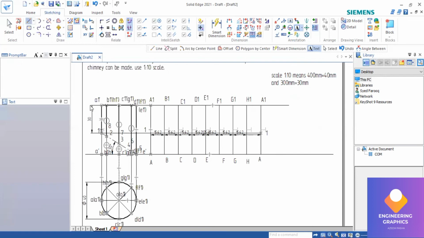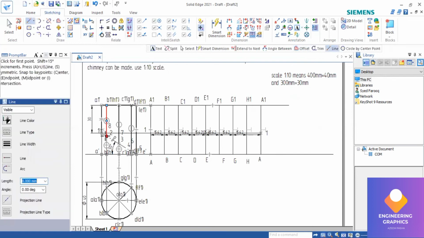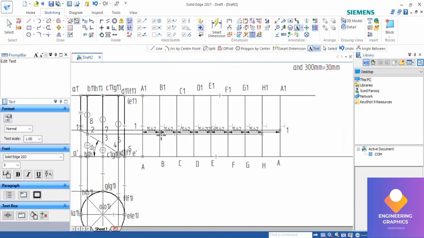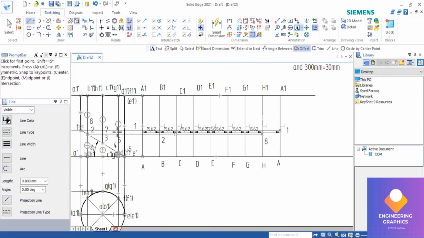Same way we project 2. So 2, it is exactly cutting on the vertical edge B and H. We just extend it so that it will be convenient to write the exact number. Okay, so you can mention it is 2 here, and here also you can mention 2, 8 here, sorry. The same way we project point number 3.